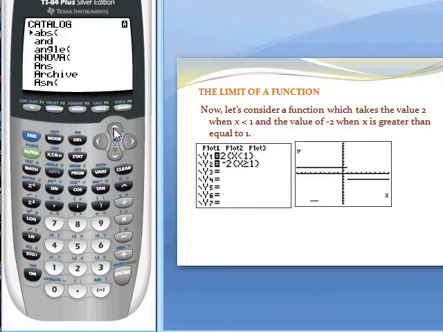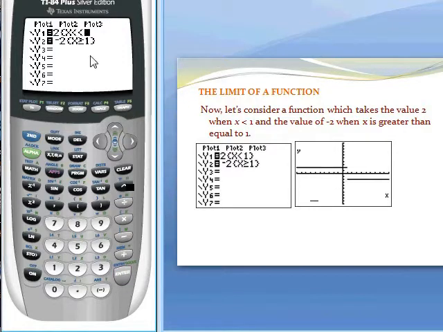When you push catalog and go up, right after Z, you can see the less than sign. Less than 1, and you close the braces. So it is 2 when x is less than 1.